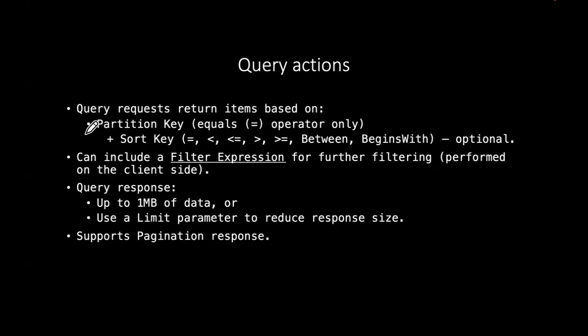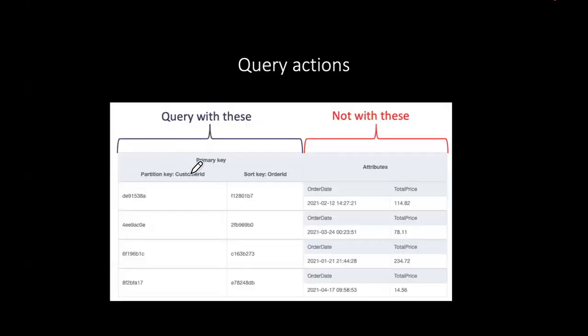Now, the out is kind of this here. You can specify what's called a filtering expression. And the filtering expression can be based on other properties of your item other than the partition key and sort key. So let's take an example. Supposing I have a table, I think it's on the next one actually. Here's my table with customer orders, and the partition key is customer ID, and the sort key is order ID.